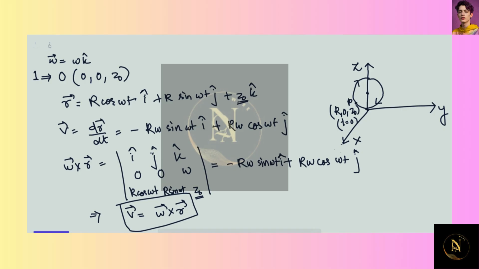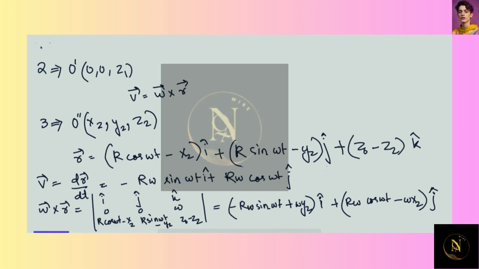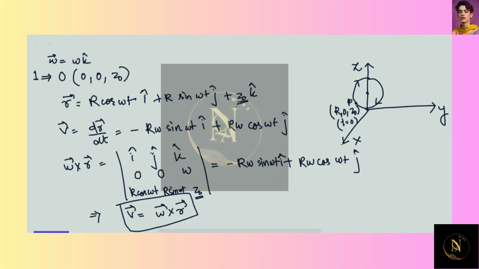Therefore, for the next case, when we shift the origin to some other value along the axis of rotation, so let's say now 0, 0, z1, since this is again a constant, even if you replace z naught by z1 over here and over here, they will still not come into play in the velocity and omega cross r expression.